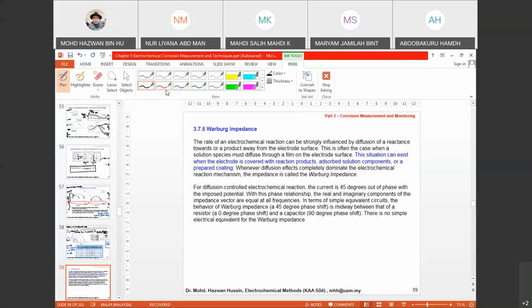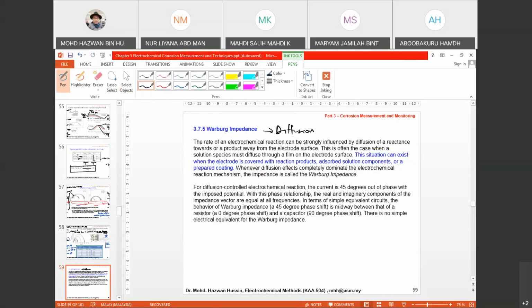Okay, so diffusion, you must relate it with Warburg impedance. All right. So the rate of an electrochemical reaction can be strongly influenced by diffusion. If you still remember how diffusion happens and why diffusion happens.